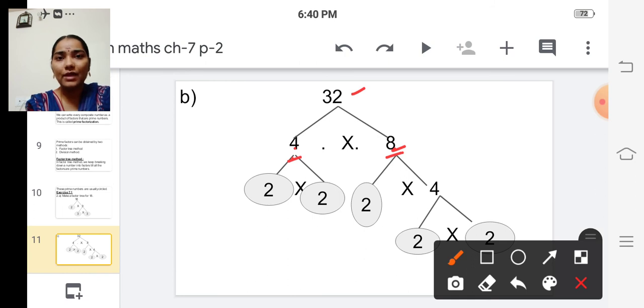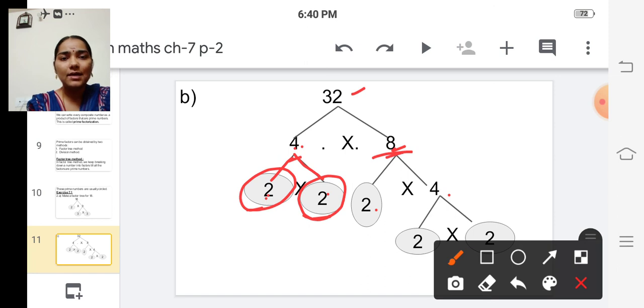So we have to break down 4 and 8. 4 can be written as 2 2s are 4. So 2 and 2 are prime numbers. We have circled. And now we can write 8 as 2 into 4. 2 4s are 8.